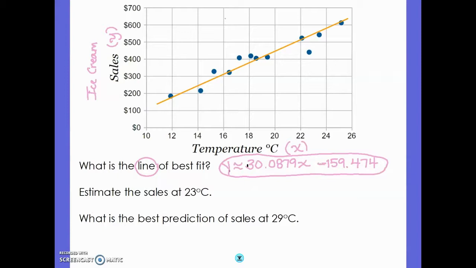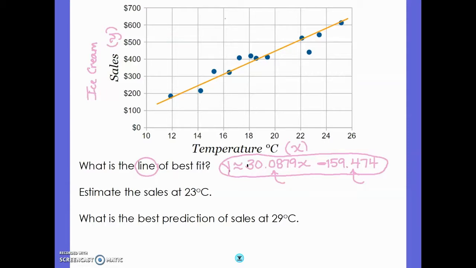My y-intercept is at a negative number, which is not truly practical for this application, but it's the line of best fit. And my slope is 30, so that means I have a rate of 30. Ice cream sales over temperature is going to be a rate of 30.